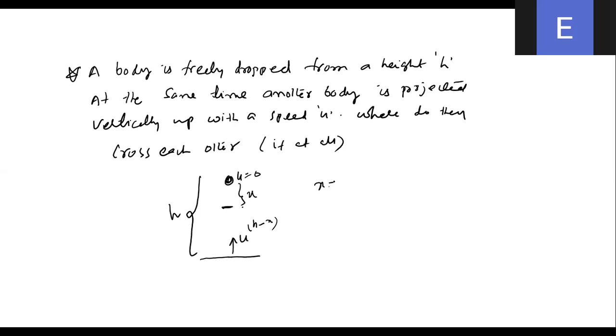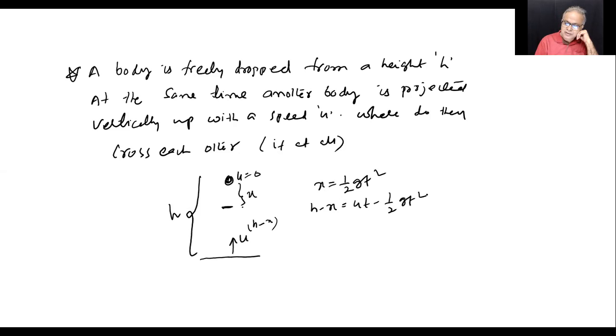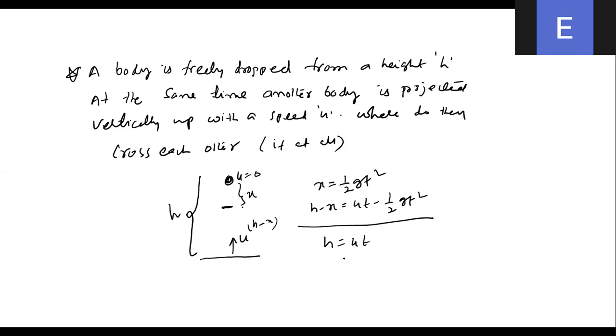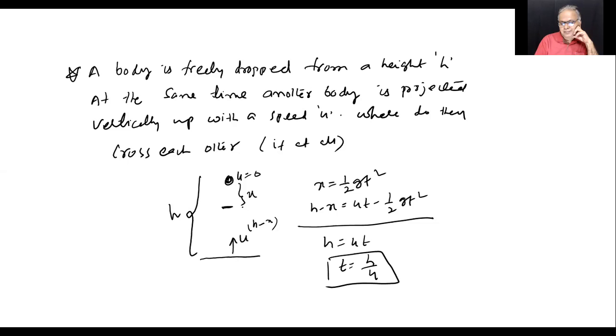Let's write x equals half g t square for the top one, and h minus x equals u t minus half g t square for the bottom one. Isn't it so? Time needed is h by u.